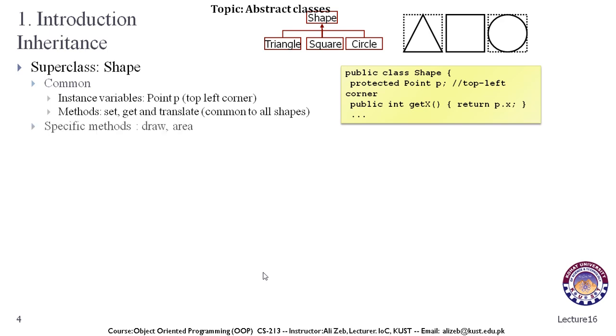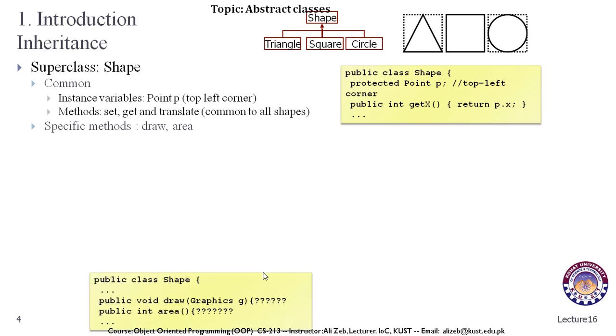There are specific methods, the draw method and the area method. Now what should we do with the draw method or the area method? Can we possibly implement these methods in the shape class? What if we try to implement the draw method in the shape class?